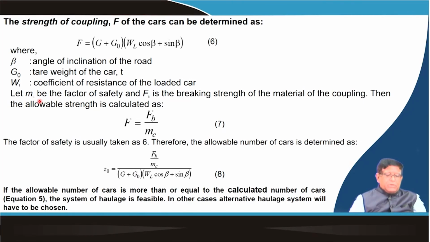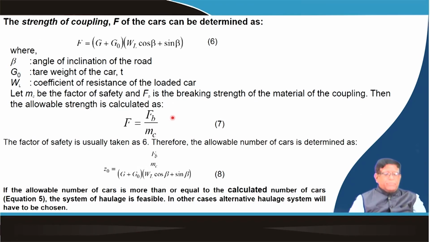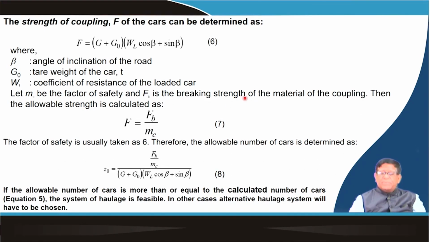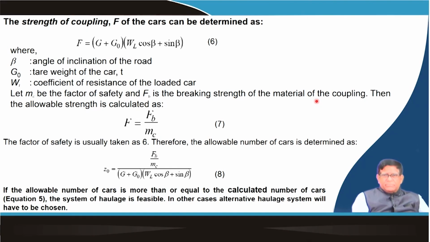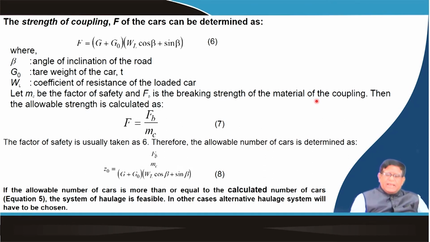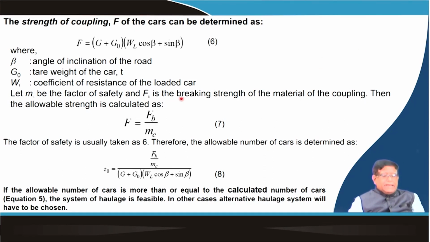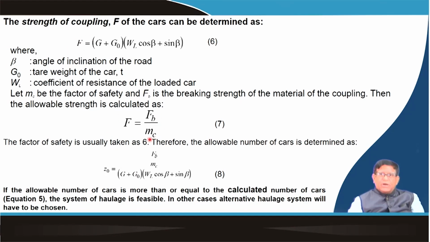Now, if you take a factor of safety, and you know the breaking strength of the coupling material, you may have wrought iron, steel, or aluminum alloys, whatever you take, then you can calculate the allowable strength. This factor of safety should normally be 6, and from there you can find out whether the total load on that particular gradient is suitable or not.